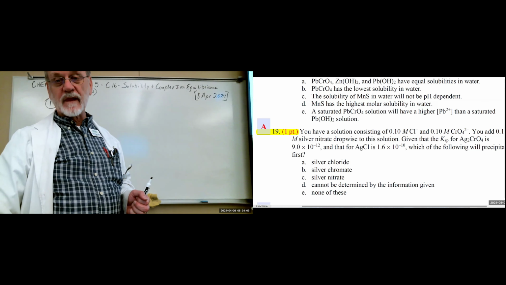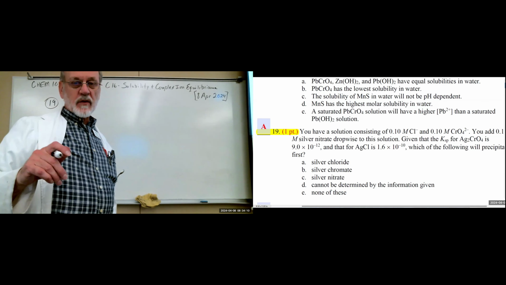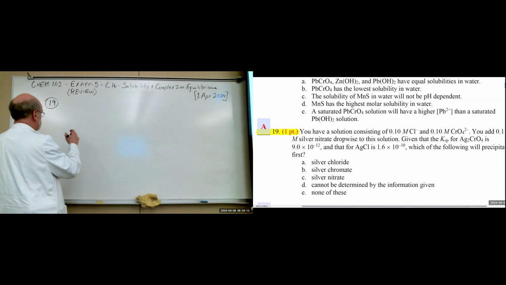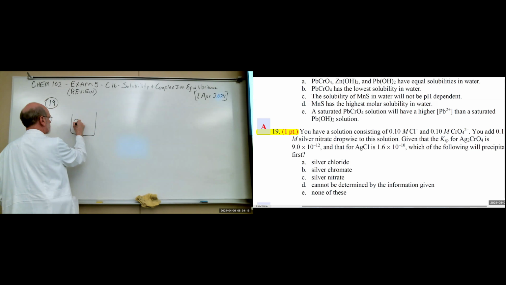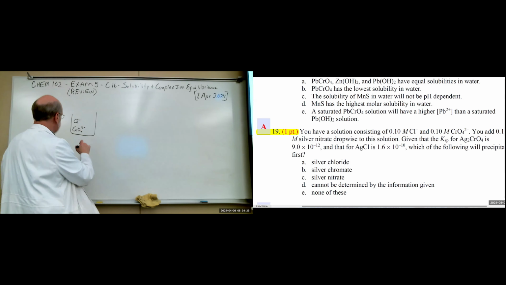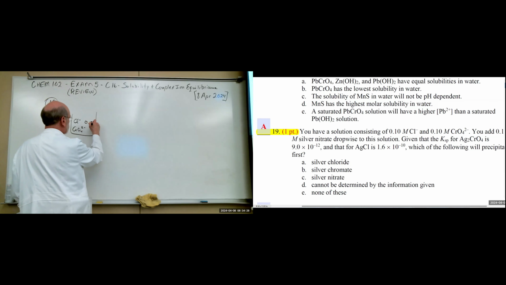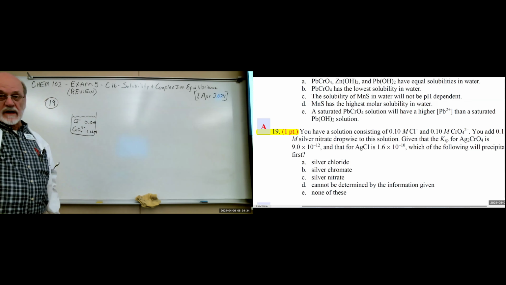All right. So we actually have chloride ions in our solution, right? And we have chromate ions. And they're 0.1 molar each. That's given.